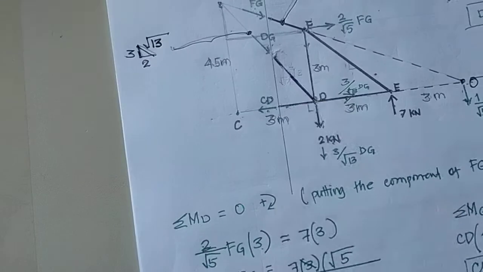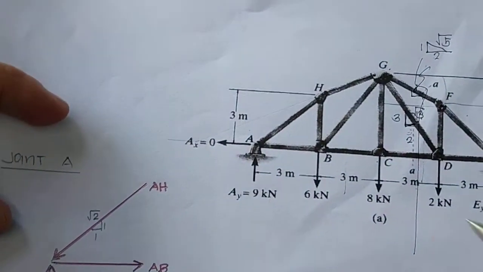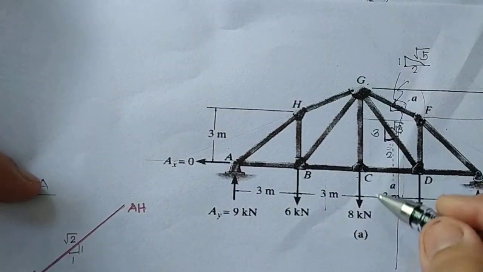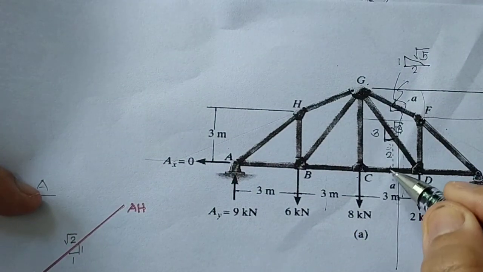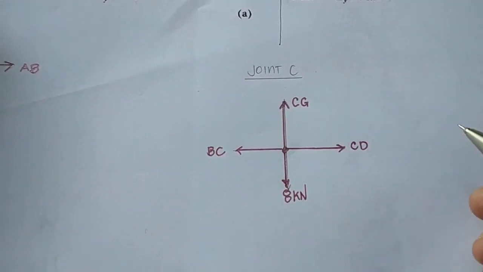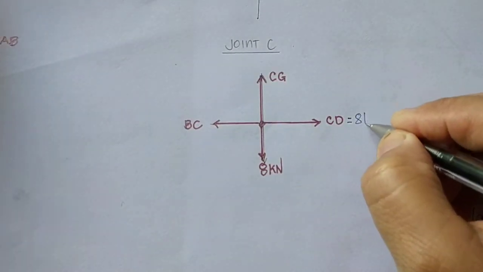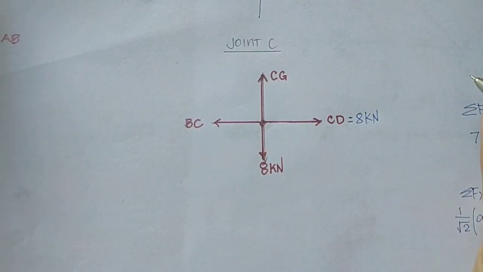Okay, knowing the value of CD, I can proceed to point C. We get here CD as 8 kilonewton. This is tension, 8 kilonewton tension.